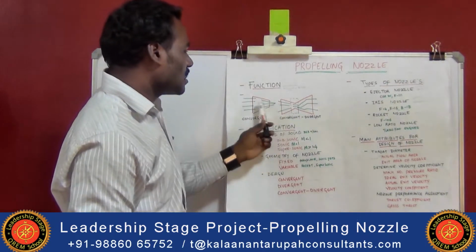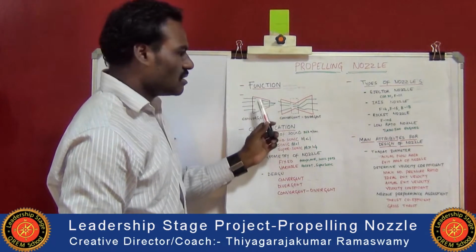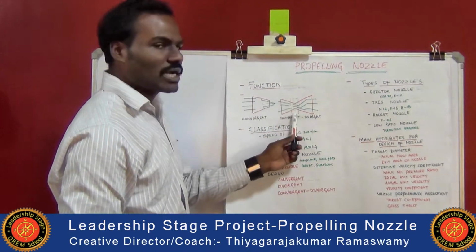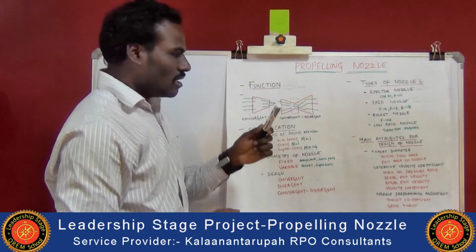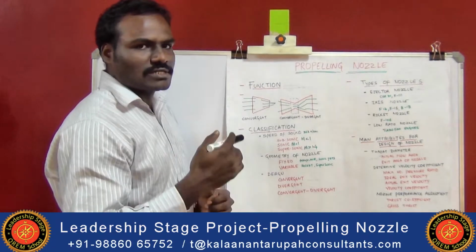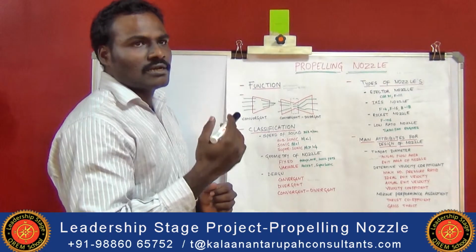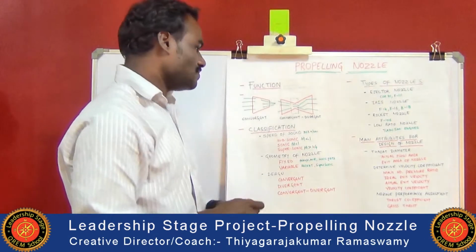This kind of convergent divergent nozzle is used in rocket engines, which require very high speed as well as very high thrust to reach their destination.